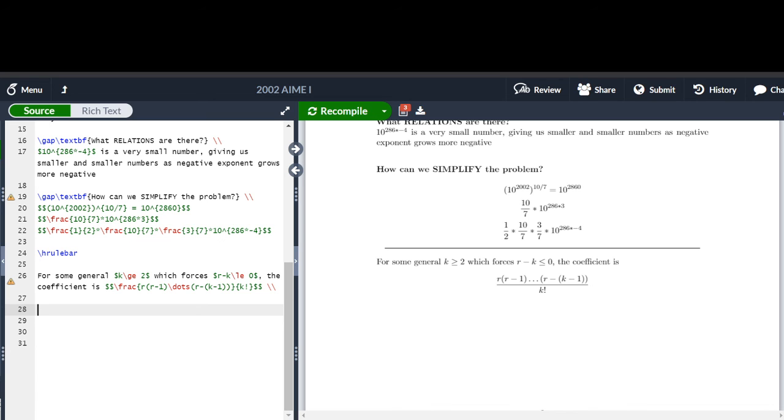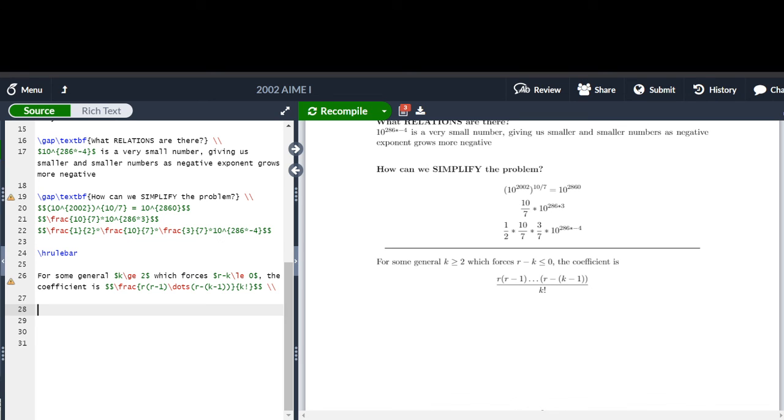But we have to be careful here. We have r and r minus 1 as terms in the product. And r minus 1 will be 0 if we sub that in. And that will give multiplication by 0, which we don't really want.